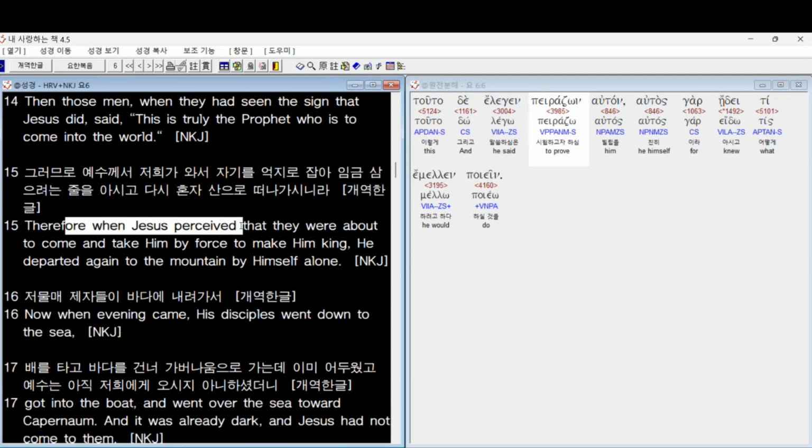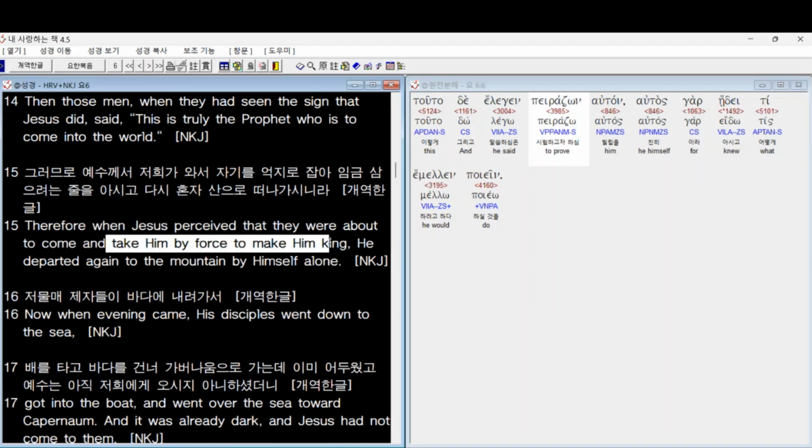Therefore, when Jesus perceived they were about to come and take him by force to make him king, he departed again to the mountain by himself alone. So the sign Jesus showed to Philip, his disciples and the multitude was understood one way by the multitude, and at the same time the 12 disciples had a totally different understanding.